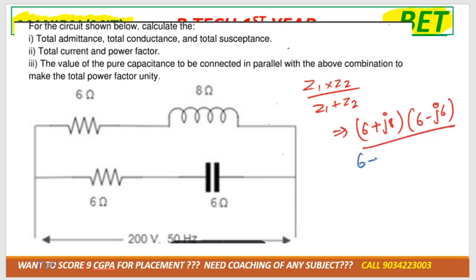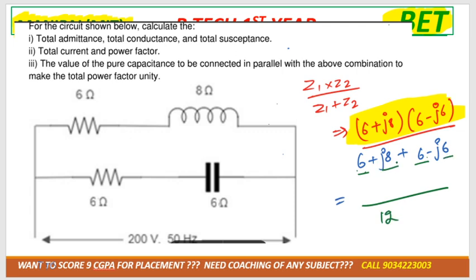Divided by 6 plus J8 plus 6 minus J6. So for this, you can do it in your calculator in the complex mode directly, as I just told you. For the denominator, you can add it directly. Real term is added with the real term, that is 6 plus 6 is 12, and imaginary term is added with the imaginary term, that is J8 minus J6 is how much? Plus J2. Now solve it for the numerator and tell me the value for this.